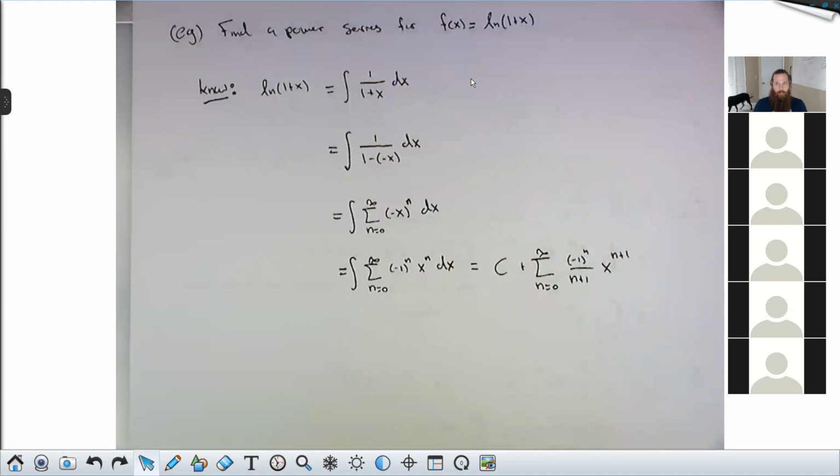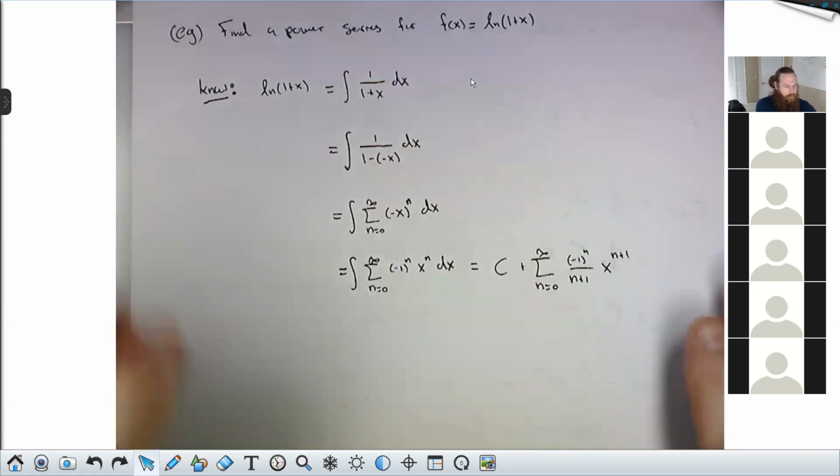And just like in the first integration example, to proceed from here, I need to find the value of the constant c.